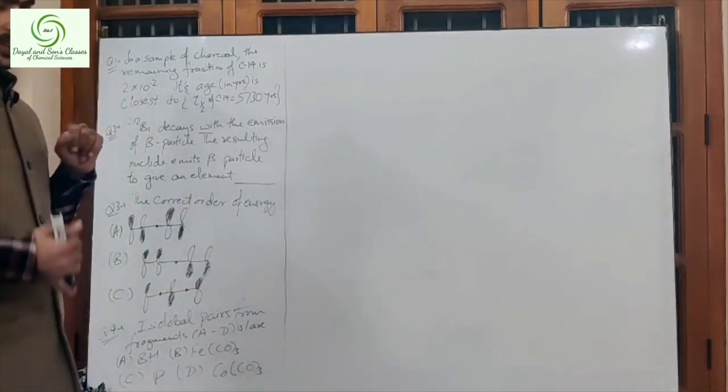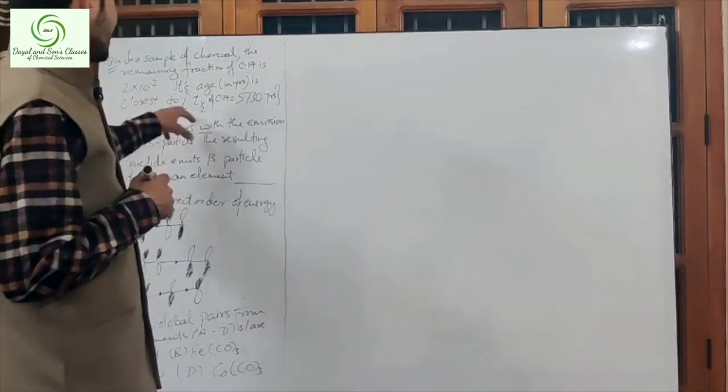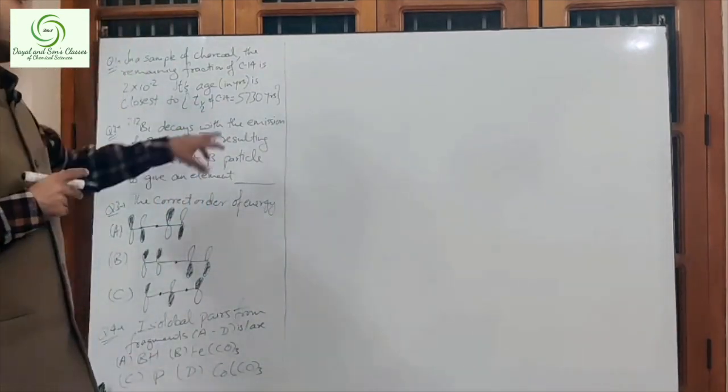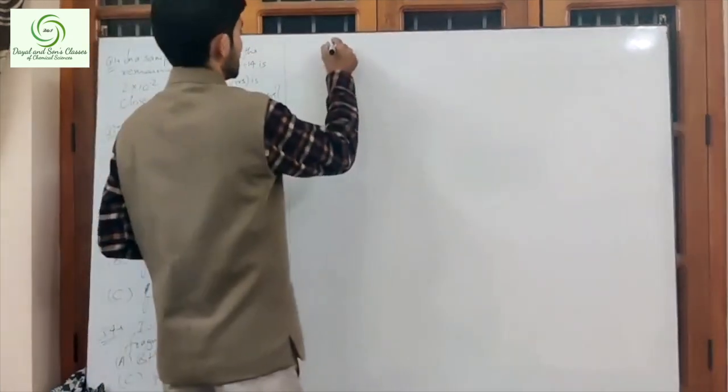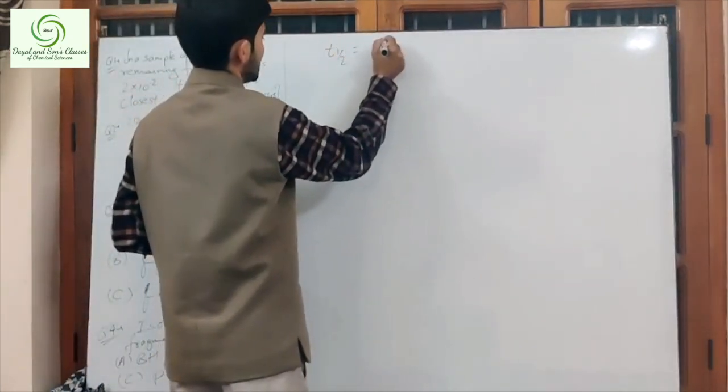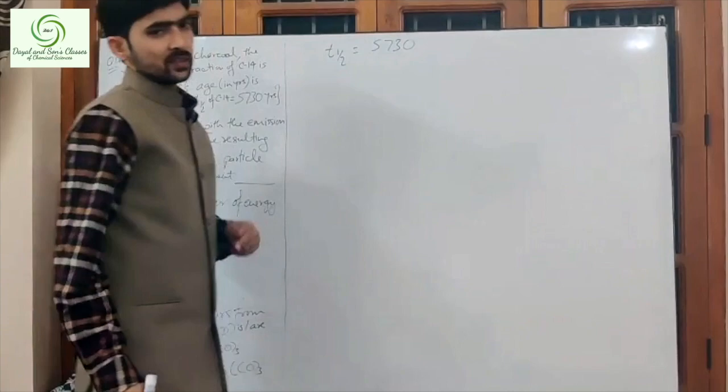Alright, let's begin. We are given T half for carbon-14, which is 5730 years.